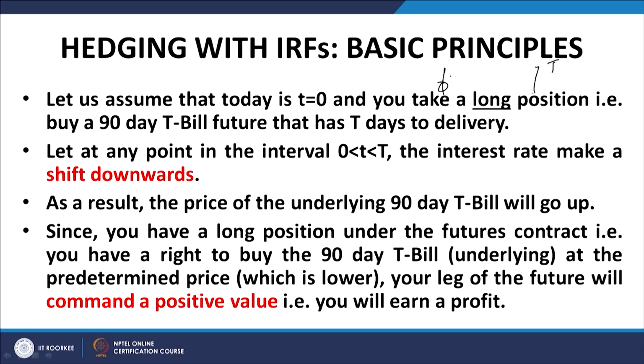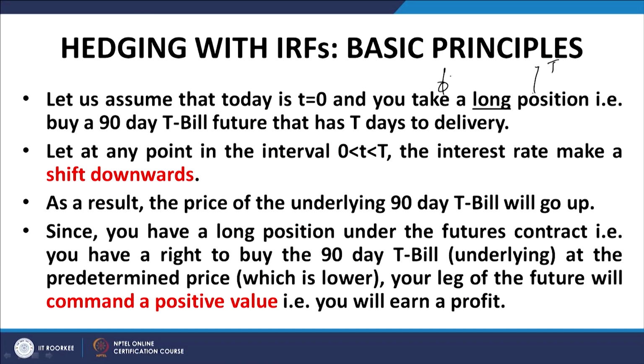What payment you will make? Normally it would have been decided by the market price prevailing at that date. But under a futures contract, the price that you are going to pay for the T-bill that you are going to receive is determined at t equal to 0. That is the futures price. The price at which the T-bill will be handed over to you at capital T is determined at t equal to 0. And the life of this T-bill is going to be 90 days.